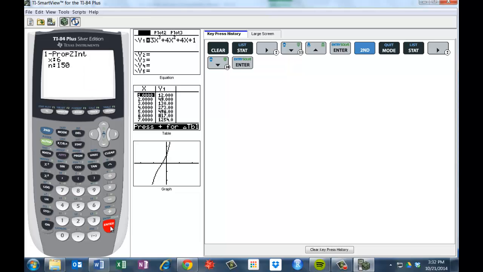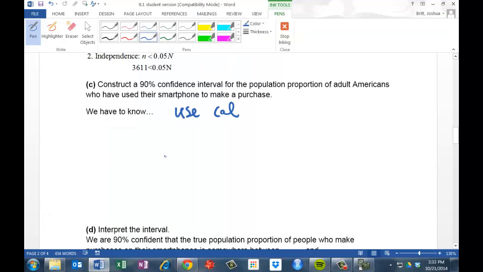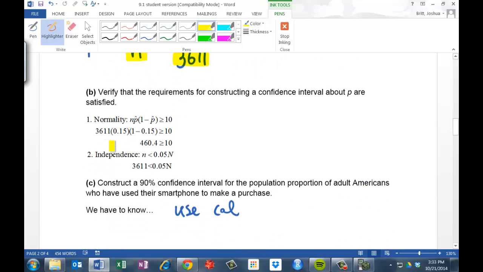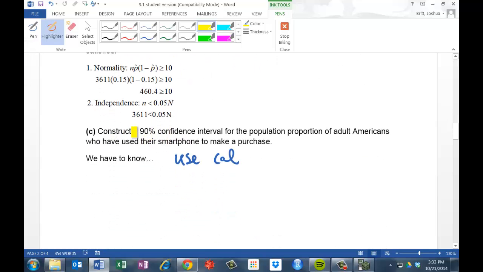And you'll see that it asks us for 3 things: X, which we already have. We have X, which is 542, and we have N, which is 3611. And we want 90% confidence.